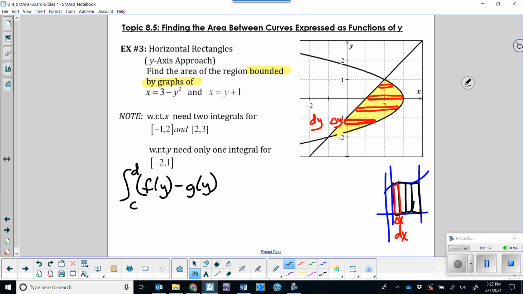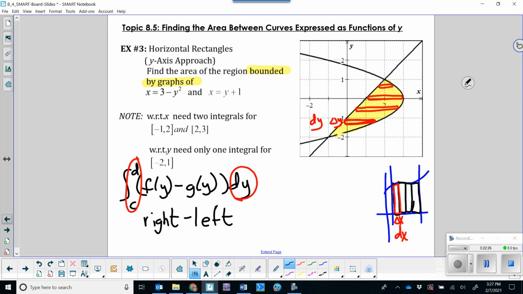Sometimes we say use different letters, but it doesn't really matter. But the key here is limits of integration are y, and everything else is. So it's going to be right minus left, okay? And then everything's in terms of y. So that rectangle actually does make some difference, okay? So you'll kind of understand if you practice that way, okay?